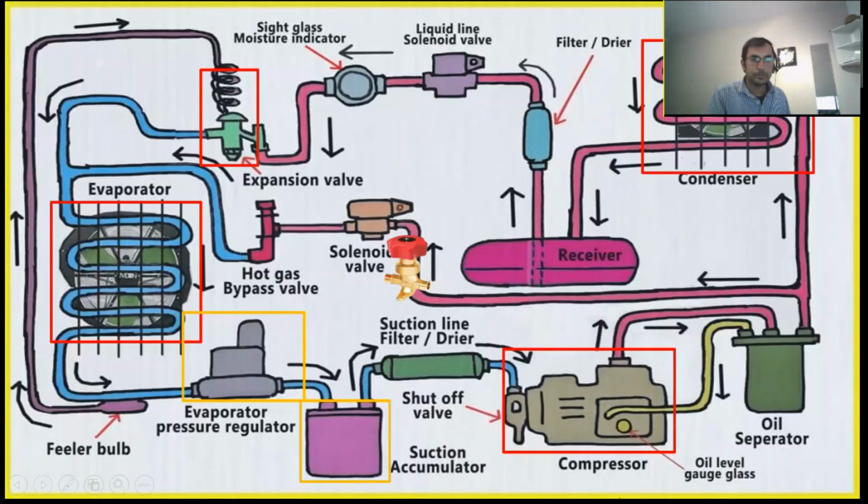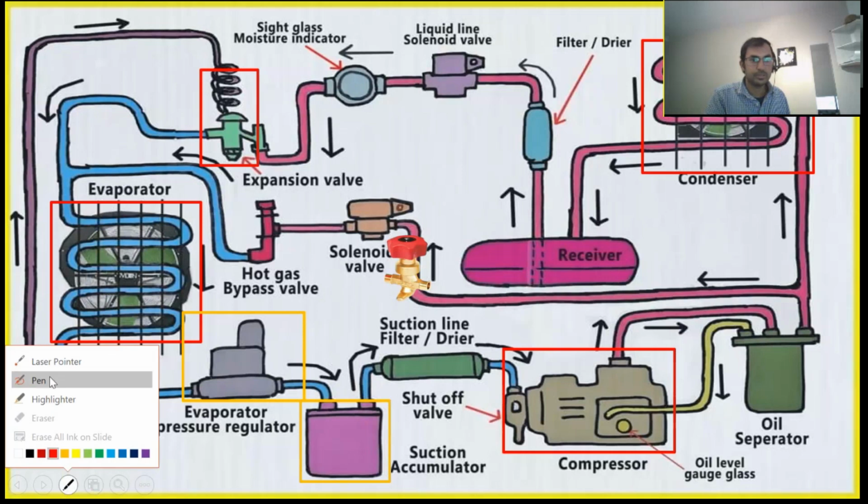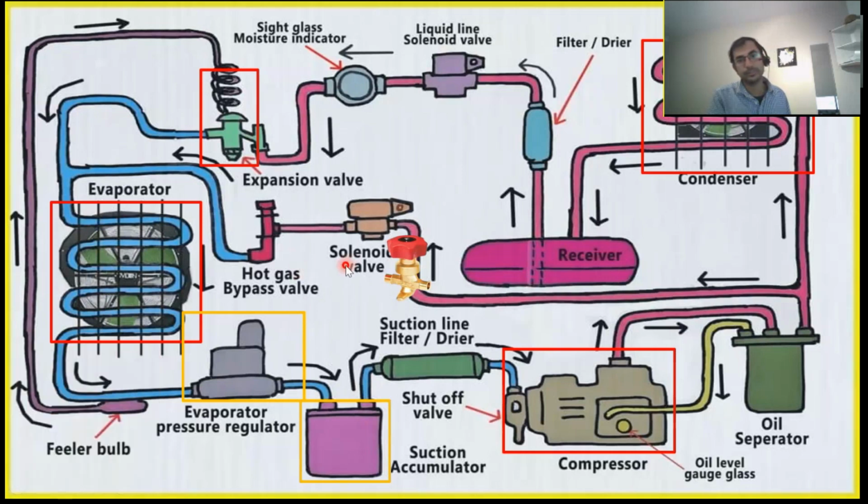And then you see, this is the dryer. Here the suction line filter dryer, and here also one filter dryer, before the expansion valve.